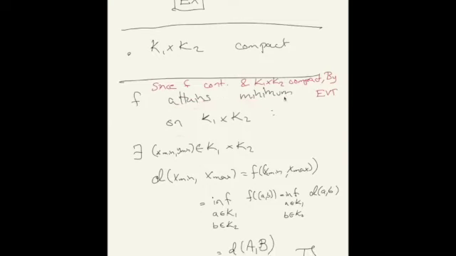And so there exists a pair of points, x min, y min, such that the distance between x min and y min is exactly, well, this is the function value at that point, which is the infimum. So it's just shuffling around words. But using this language, this proof becomes a very short thing and you don't have to redo it again.